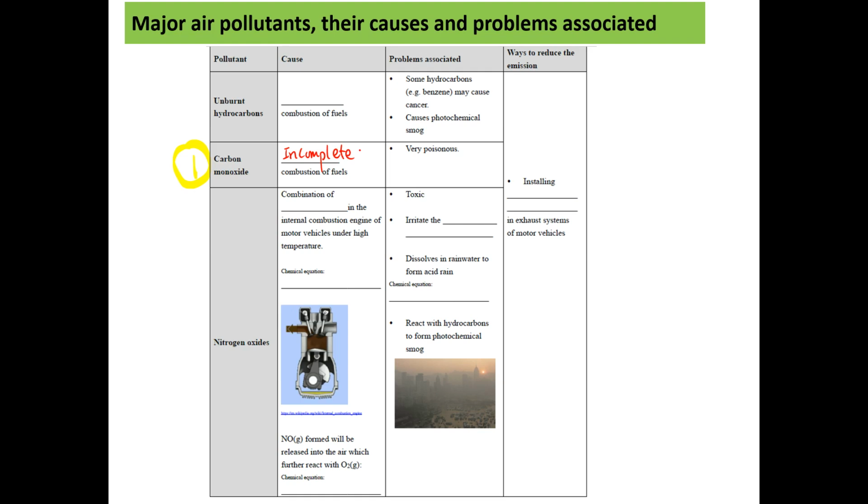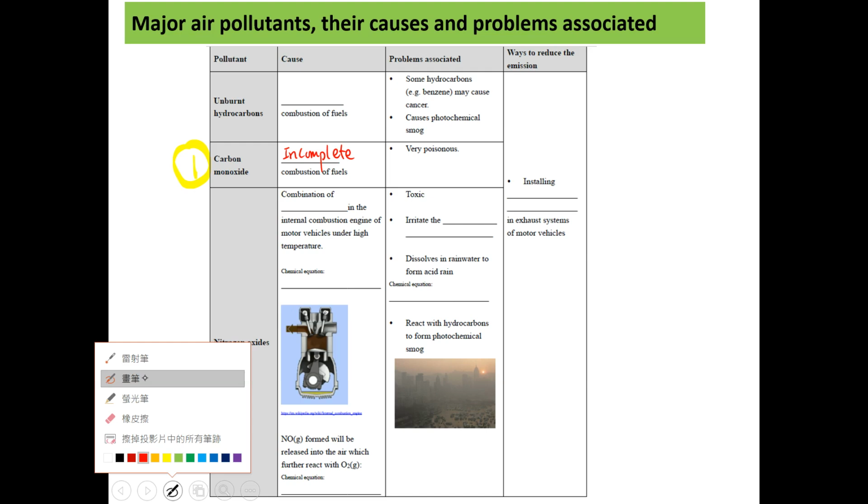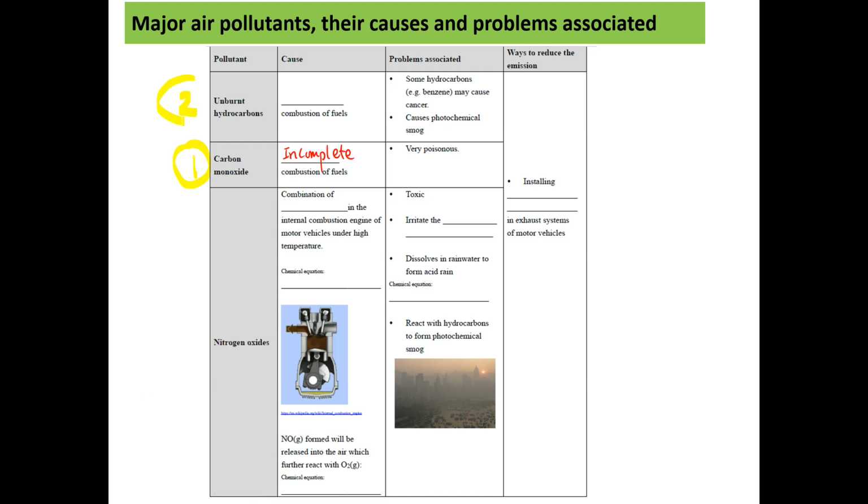And then the second one, it will be this one, the unburned hydrocarbon. So what's the meaning of unburned hydrocarbon? Hydrocarbon is inside fossil fuel, right? Unburned, that means you haven't burned it. But maybe we don't have enough oxygen, so you can't burn it.